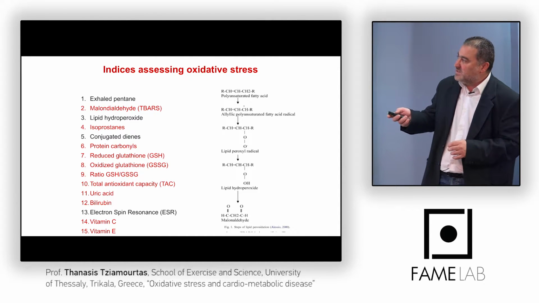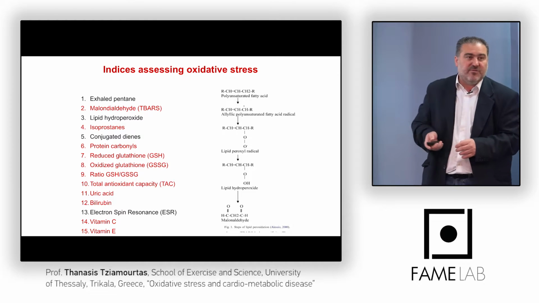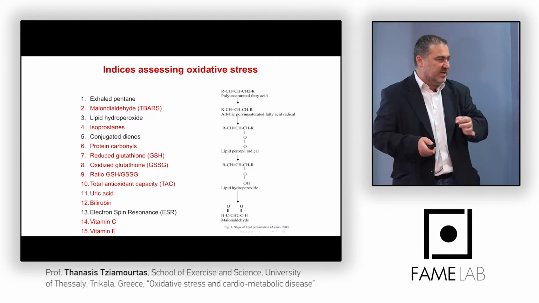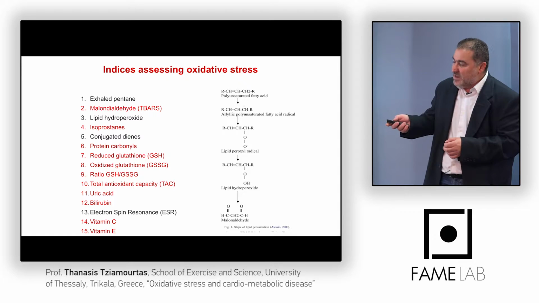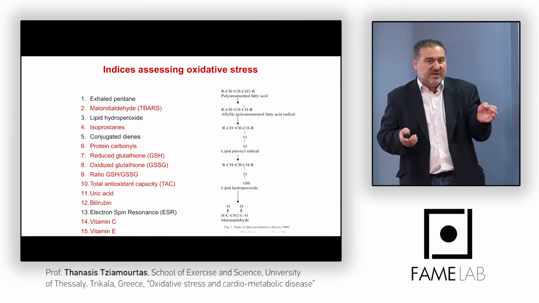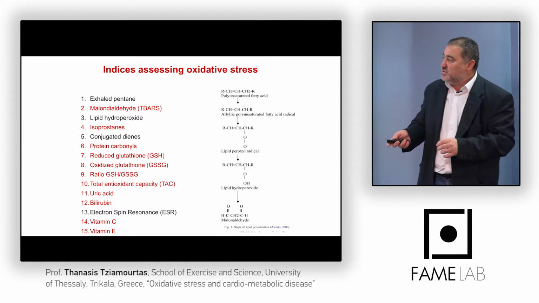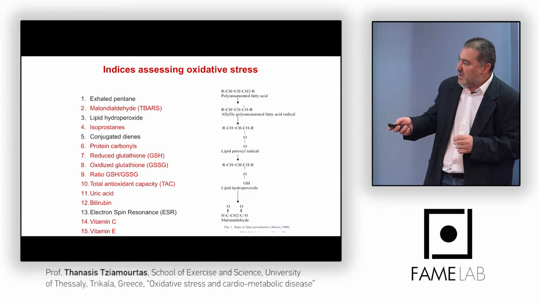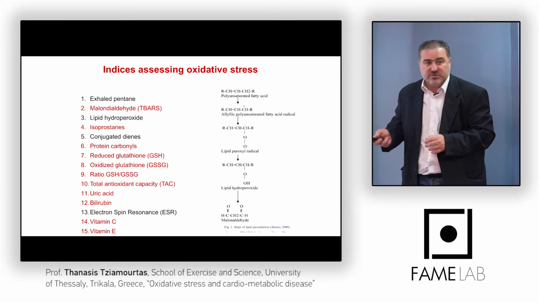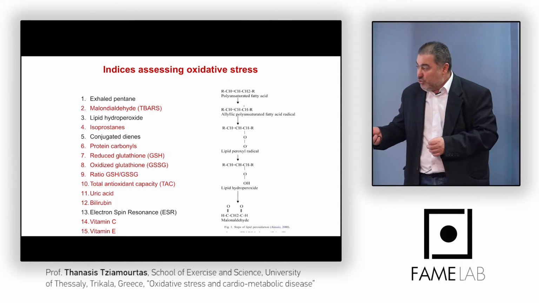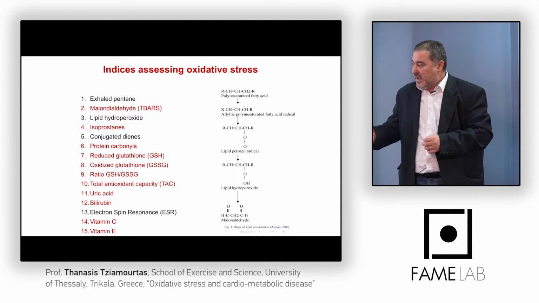For example, we have exhaled pentane, MDA or TBARS, lipid hydroperoxide, isoprostanes, and conjugated dienes that are part of assessing lipid peroxidation. We have protein carbonyls to see whether proteins have been damaged. We have glutathione either in the reduced or the oxidized state. We have the total antioxidant capacity of plasma, uric acid, bilirubin, electron spin resonance, vitamin C, and vitamin E.